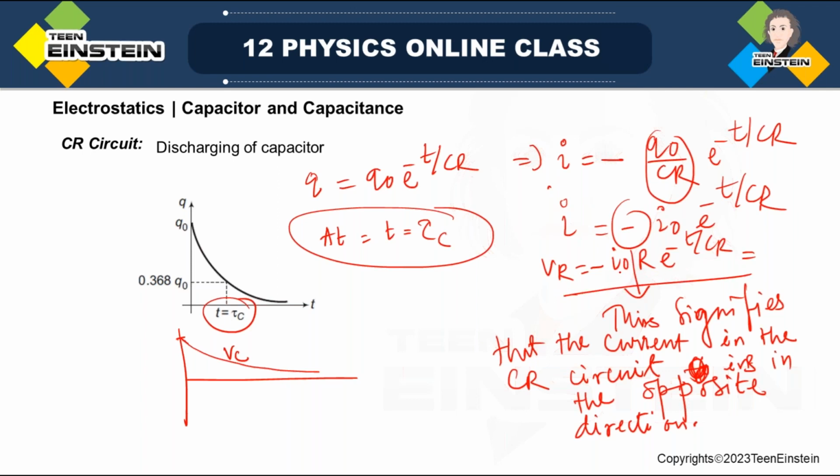If I plot, V0 is actually V initially, so initially it has, say, minus V. This is how the voltage across a resistor varies.